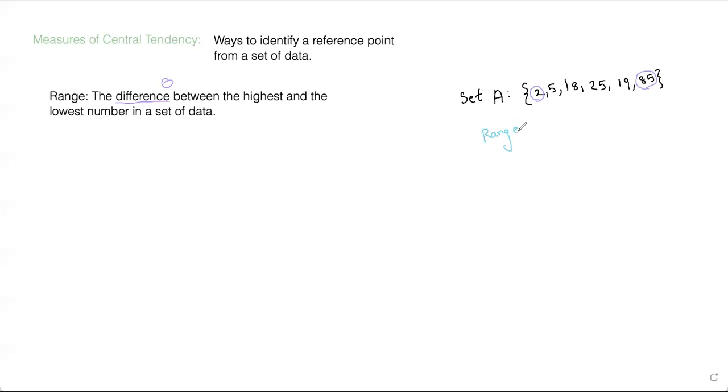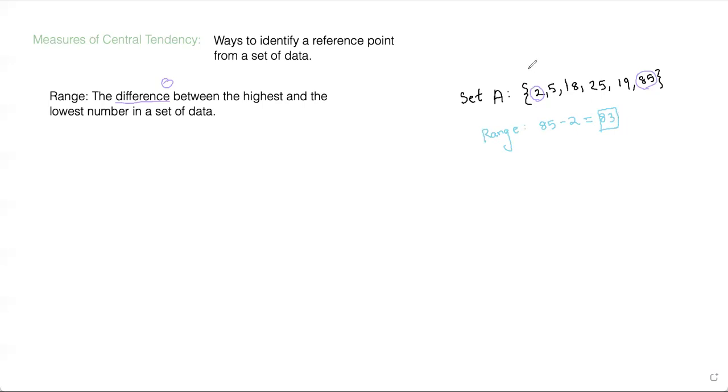So from 85, the highest value, subtract 2, which is equal to 83. The range of the set is 83. In more formal terms, range is used to find the spread of values in a set.